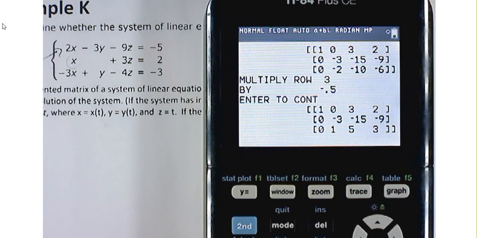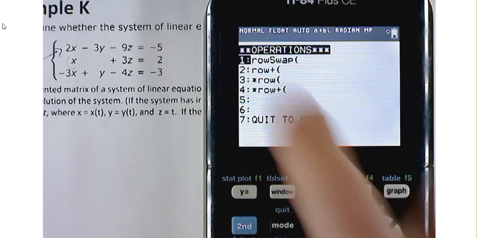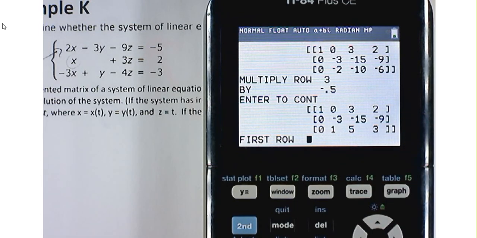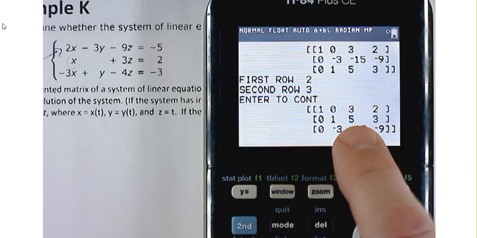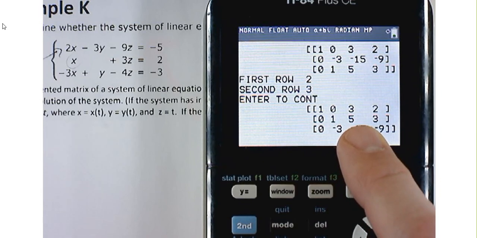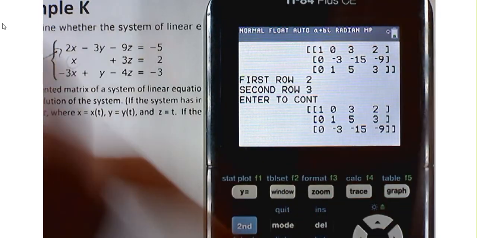So let's go back. I want to swap those two. So it's a row swap. First row would be 2 and swap it with 3. There we go. That was weird. I think maybe I should have put my rows in numerical order.